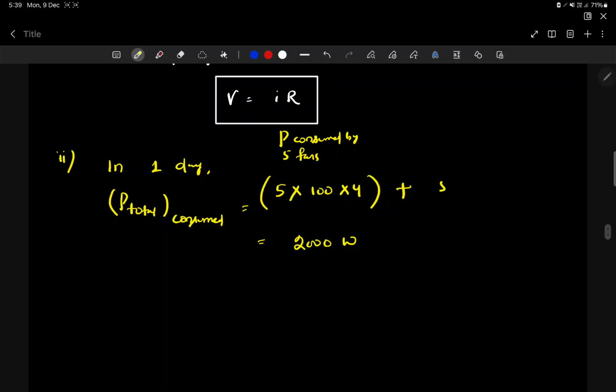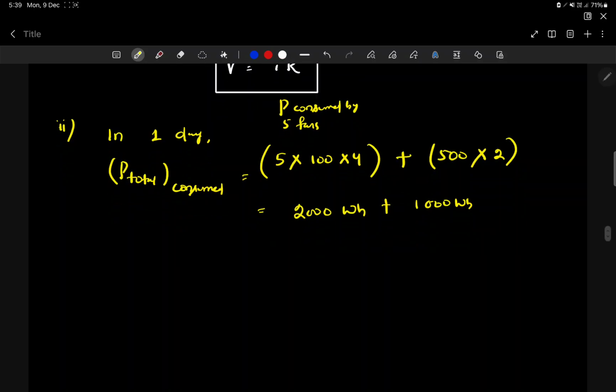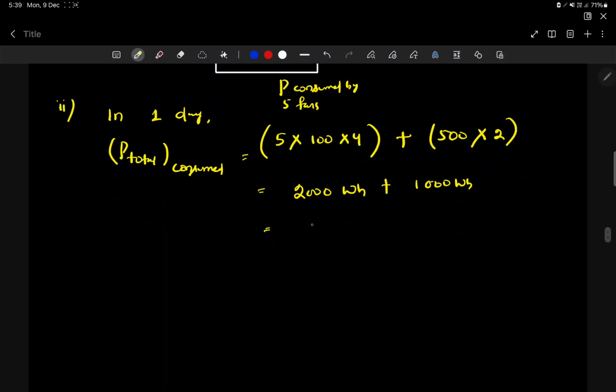So plus 500 watt into 2 hours, that is your 1000 watt hour. Yes, the unit is watt hour. So what is the total power consumed? That means total power consumed in one day is your 3000 watt hour.